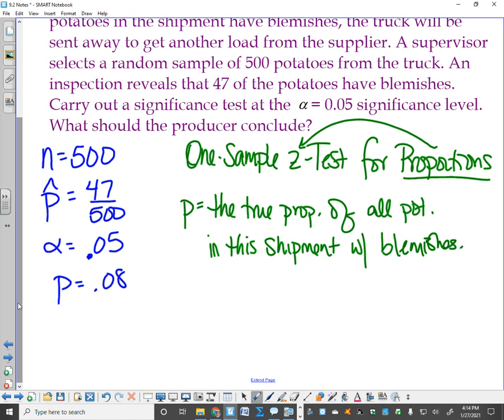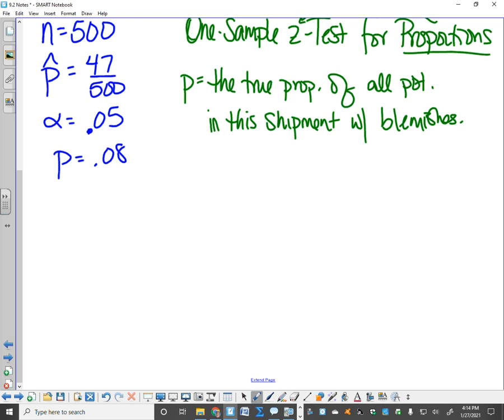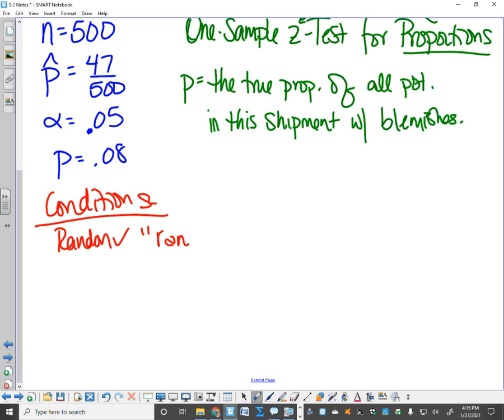Conditions. Those are my two housekeeping things. Now I'm ready to do conditions. I'm even going to label, to communicate to the grader, hey, look at me, I'm about to do my conditions. Random: it said random sample. I would probably underline that in the problem so that they see that I'm picking up on that.